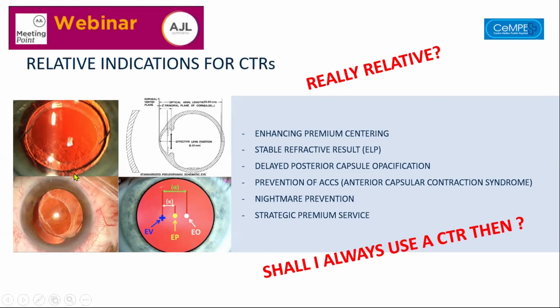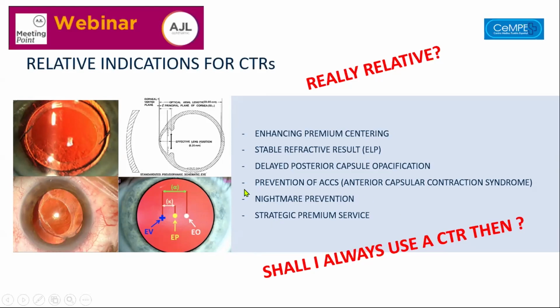And like in this case, you cannot recover it, because with our diffractive lens, like in this picture, it's very difficult to provide a new centering of this lens if you didn't put a capsular tension ring. So in the fibrotic capsular bag, it's not possible. Once this has happened, you cannot do anything. So this is again prevention.